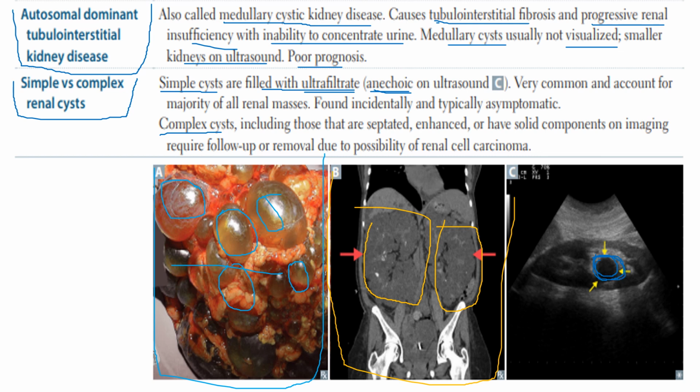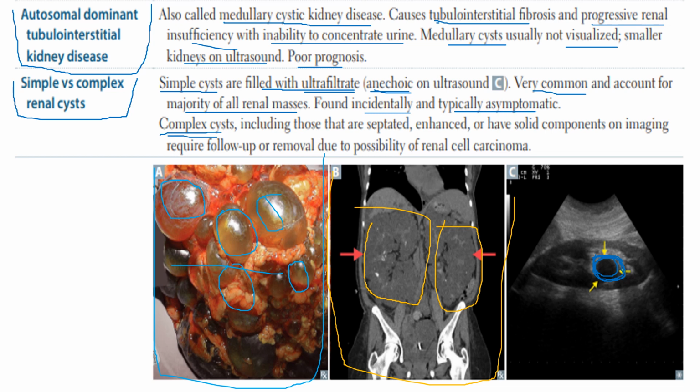It is very common and accounts for a majority of all renal masses found incidentally, and is typically asymptomatic.